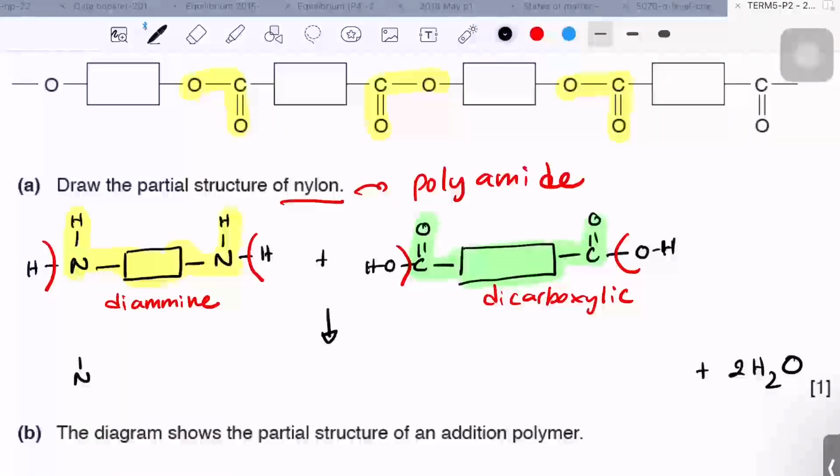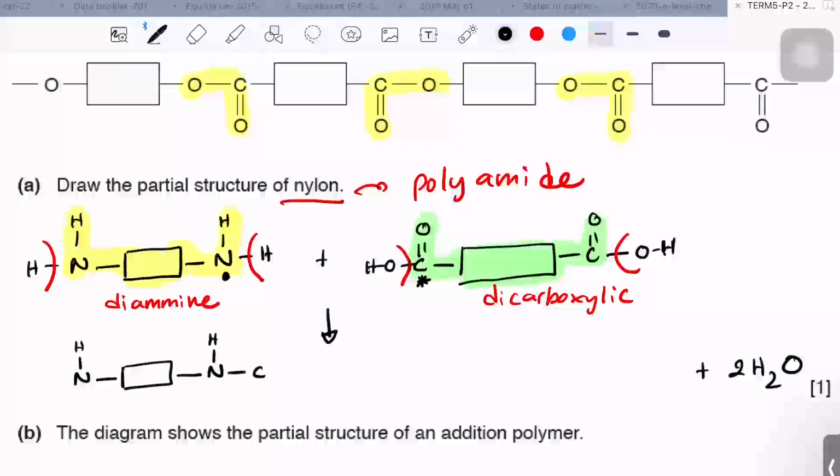Right, so NH, that is a box. NH. Then the second nitrogen, where I put a dot, will bind to this carbon in the dicarboxylic acid.